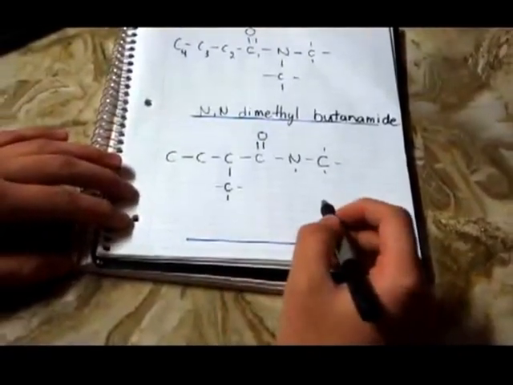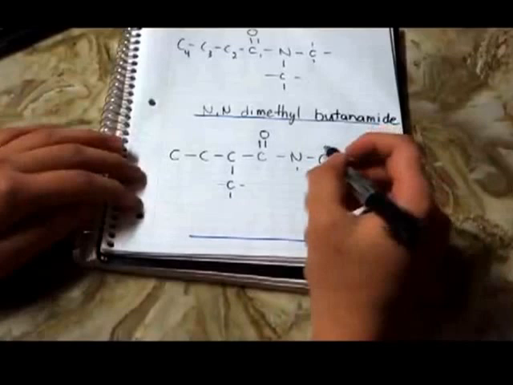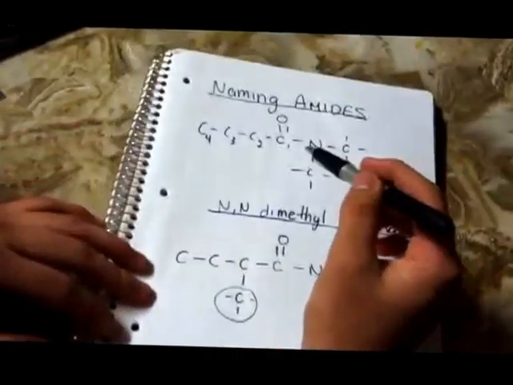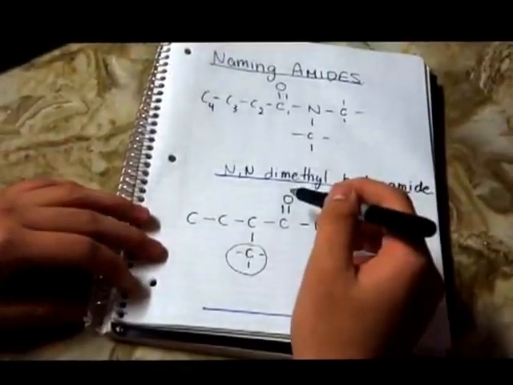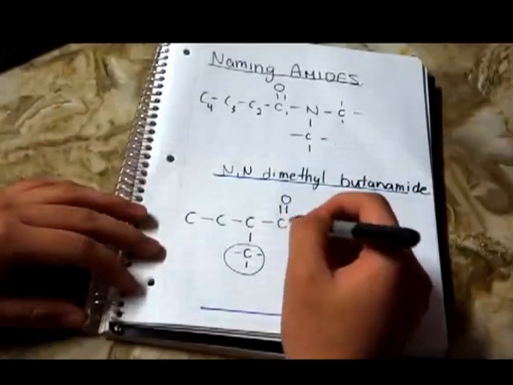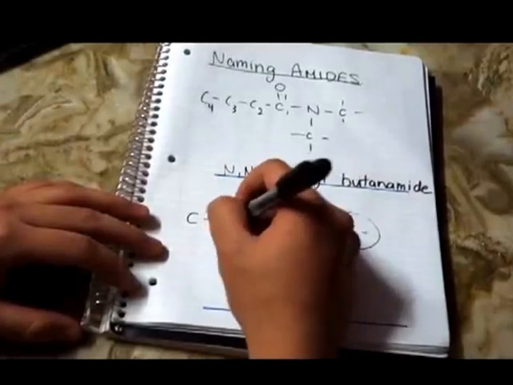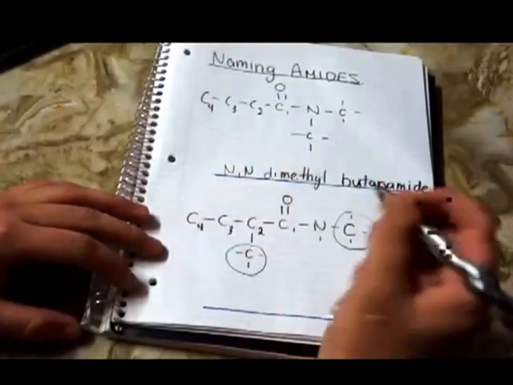So here's our next example. We look for any side chains. So we see that we have one here and one here. And like in the example above, you have to start counting your parent chain at the first carbonyl carbon. So 1, 2, 3, 4.